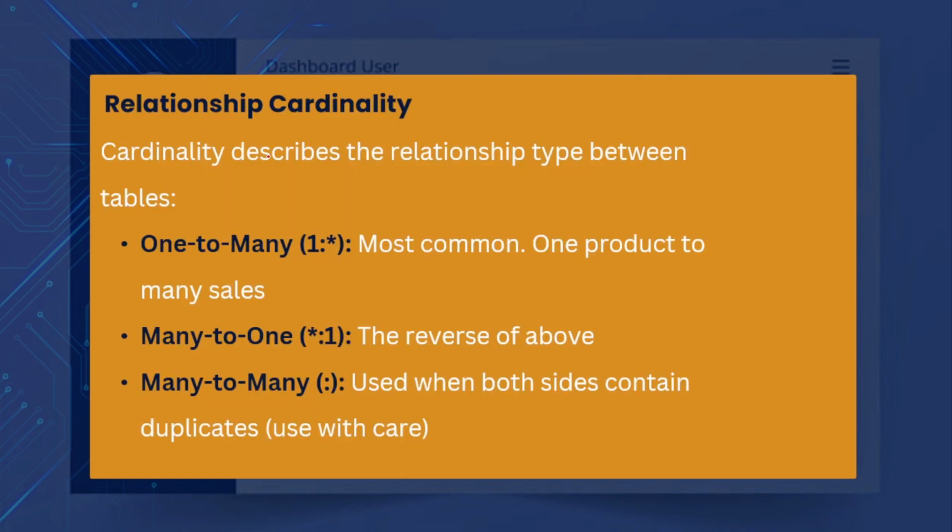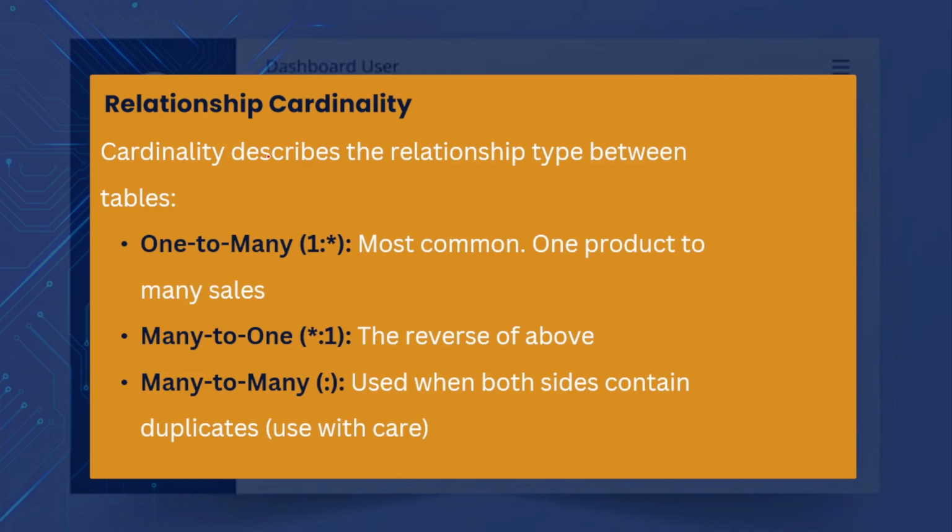Now let's talk about relationship and cardinality. So when you talk about cardinality, it describes the type of relationship that exists between tables. So first we have one-to-many, which is very common. Let's say one product to many sales.